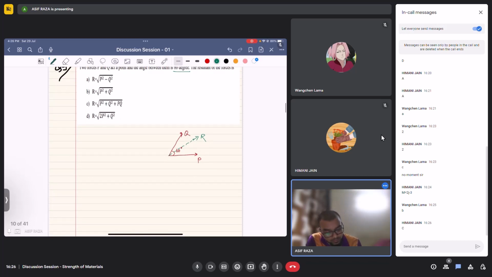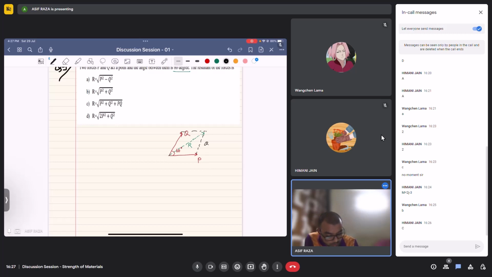I'll try to solve it in two ways: the conventional way, and I'll also try to solve it in a different way. The conventional way follows the parallelogram theorem. You just complete the parallelogram.